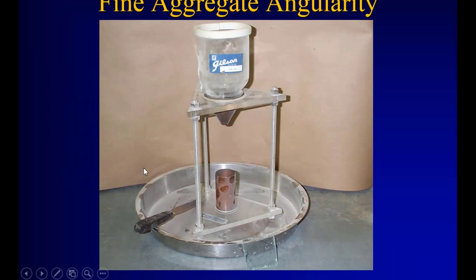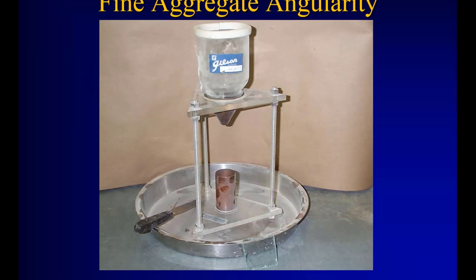So the process is fairly straightforward. It's, as I mentioned, it's real repeatable. And this has kind of become one of the main features after LA, Los Angeles abrasion test, of looking at sand and gravel pits in North Dakota. And are they suitable for Superpave or higher traffic volume asphalt mixtures?